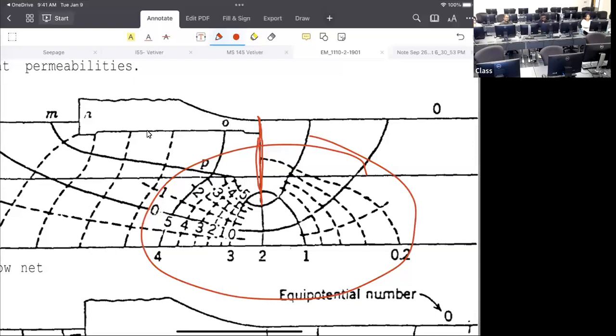And what is the benefit? The creep length increases, so the failure happens further away from the structure. That keeps our structure safe from uplift pressure or something like that.